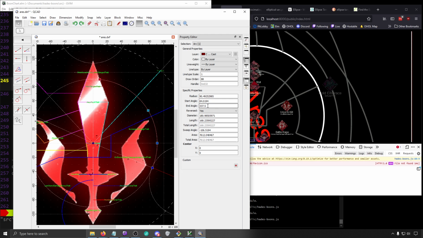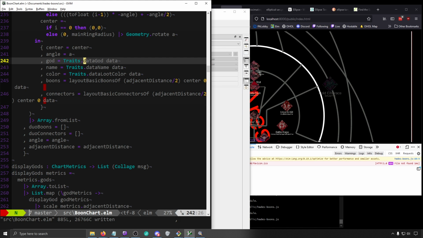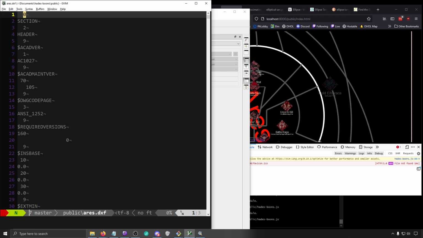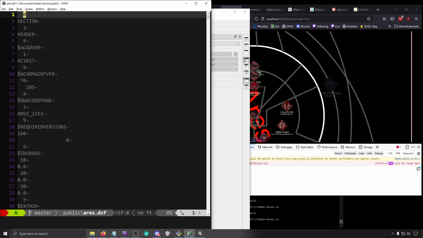Well, start angle, end angle. Start angle, end angle, reversed. Yeah. So we might not be handling the reversed flag. I think I've just been fixing that. It's going to be an arc.